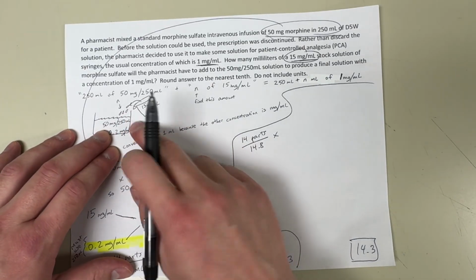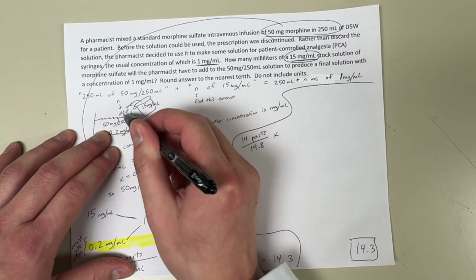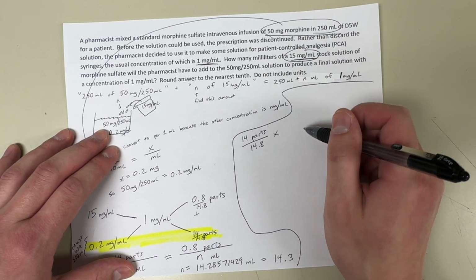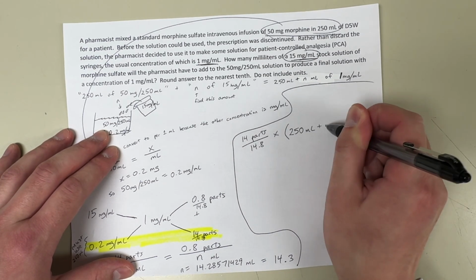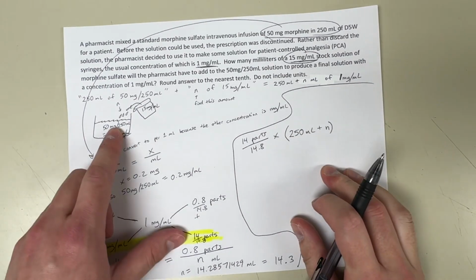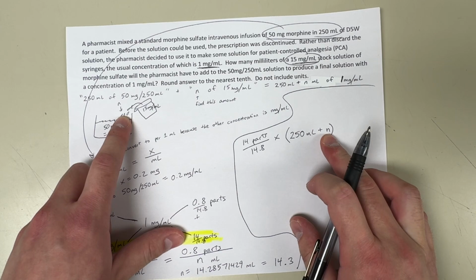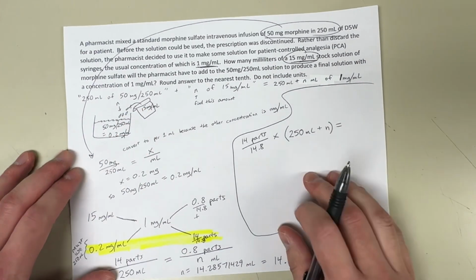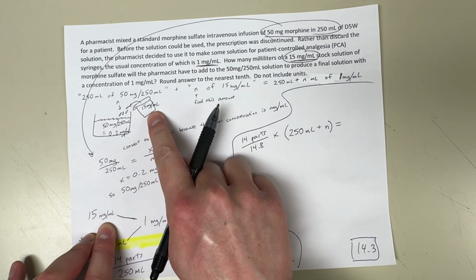So the total amount of fluid from this solution, plus what I already had of the stock solution, which is 250 milliliters plus N, because I have to use 250 milliliters total in the first solution, and then I'm adding an unknown amount of this 15 milligram per milliliter stock solution.